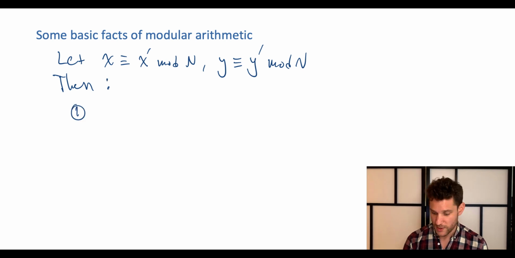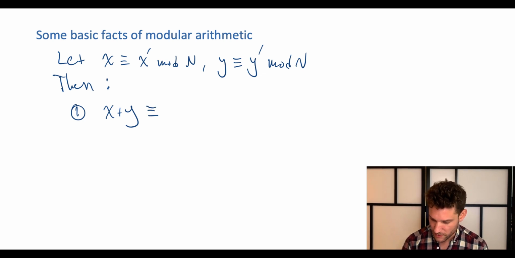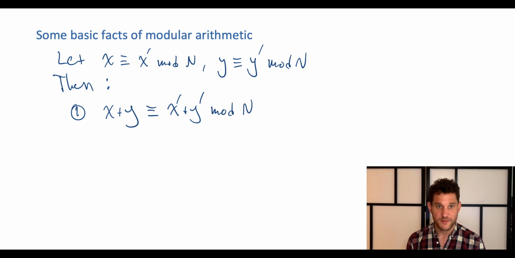One, x plus y is going to be congruent to x prime plus y prime mod n. If x is congruent to x prime and y is congruent to y prime mod n, then adding them together makes the sum still congruent to x prime plus y prime mod n. It's just a useful fact.